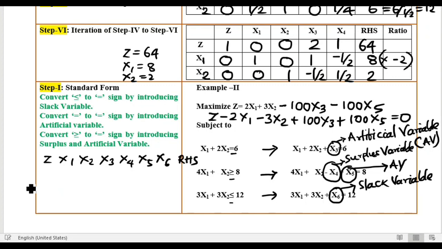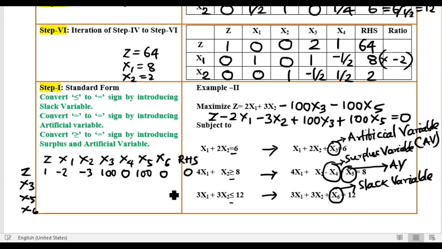Here we write Z, x3, that is the artificial variable, and this one again an artificial variable. For this case there is no artificial variable, so I'll write x6. And this row would be written as 1, minus 2, minus 3, 100, 0, 100, then this one will be 0 and this will be 0.